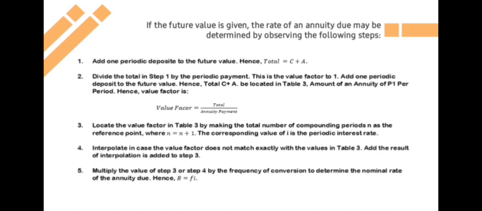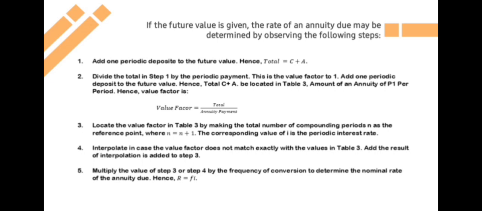Next naman, procedure number 3, locate the value factor in table 3 by making the total number of compounding periods n as the reference point, where n is equal to n plus 1. The corresponding value of I is the periodic interest rate. So, dito naman sa pag-locate natin sa value na nakuha natin is gagamitin natin yung n as the reference point, kung saan yung n is mag-a-add tayo ng 1.